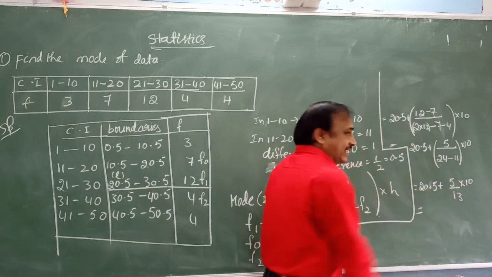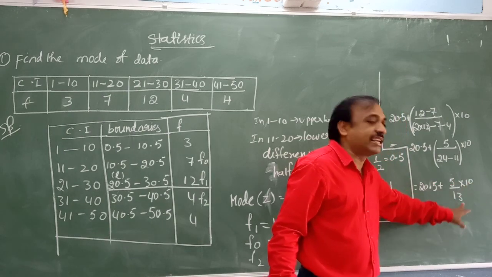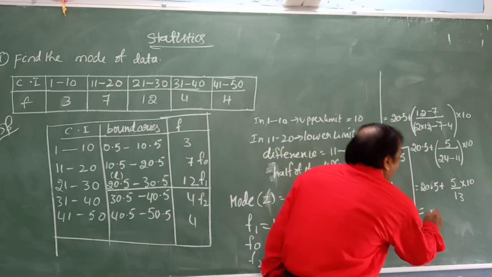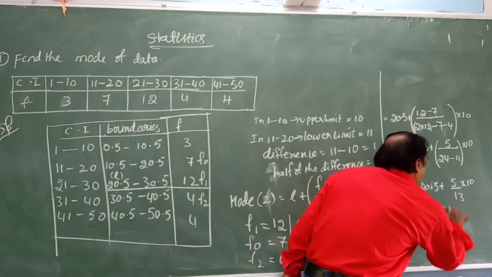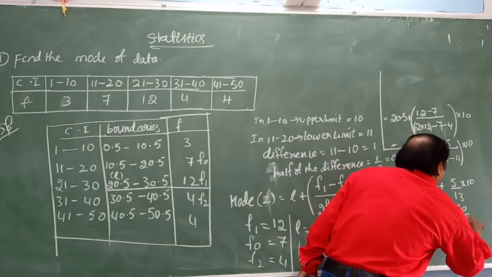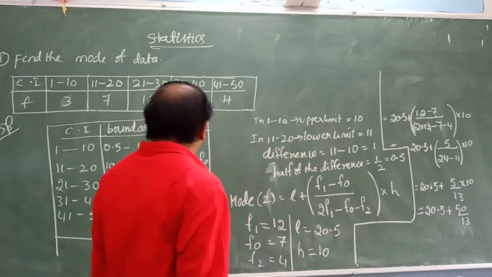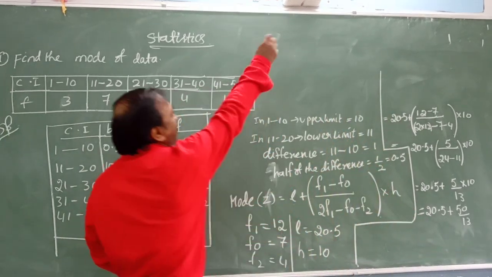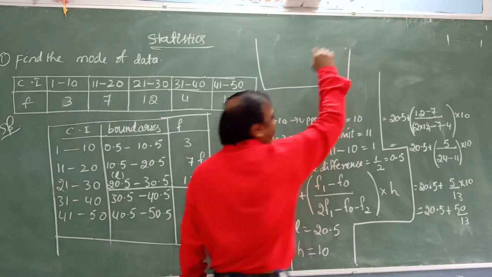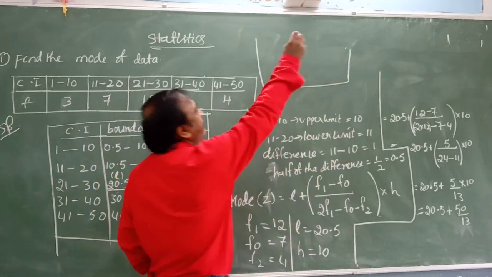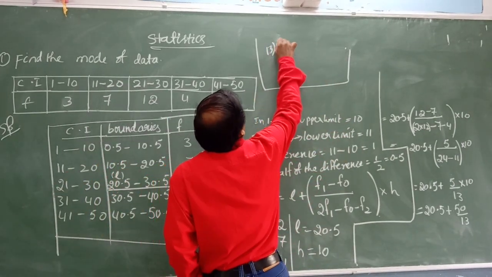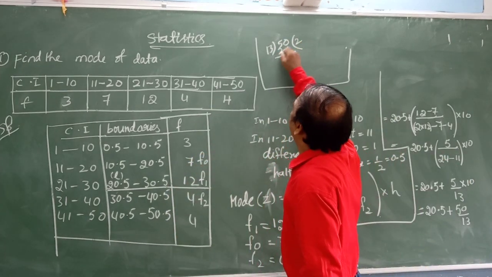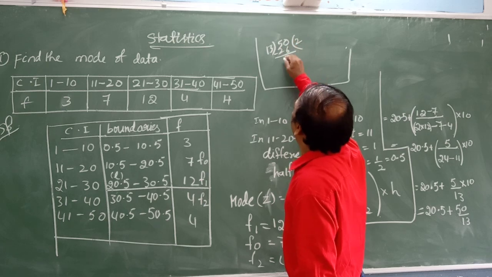Can you cancel anything here? You can cancel if the terms get cancelled. We cannot. So 5 into 10 is 50. 20.5 plus 50 by 13. Convert 50 by 13 into decimal form. Here I am doing the rough work. 50 by 13, if you convert, 13 twos are 26. Then subtract, 4, 2.